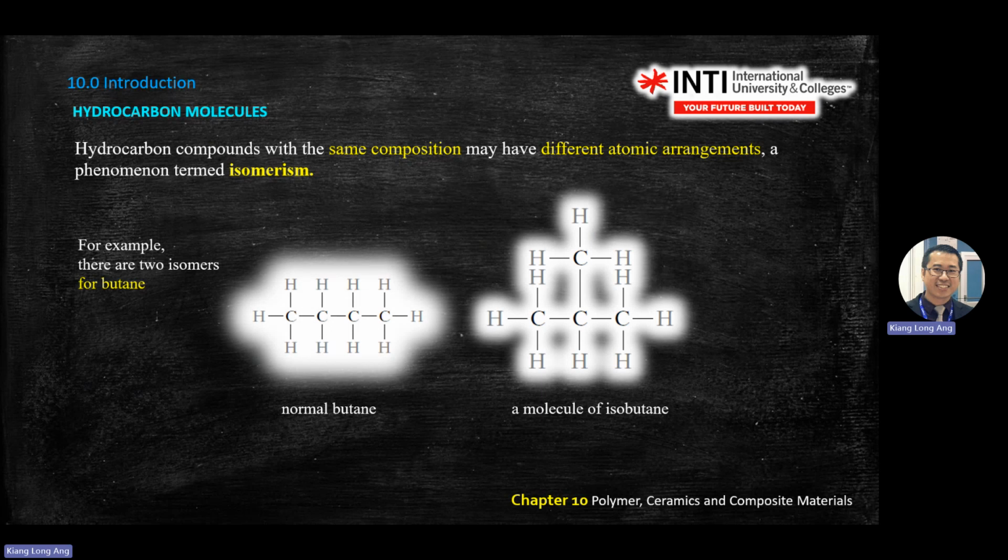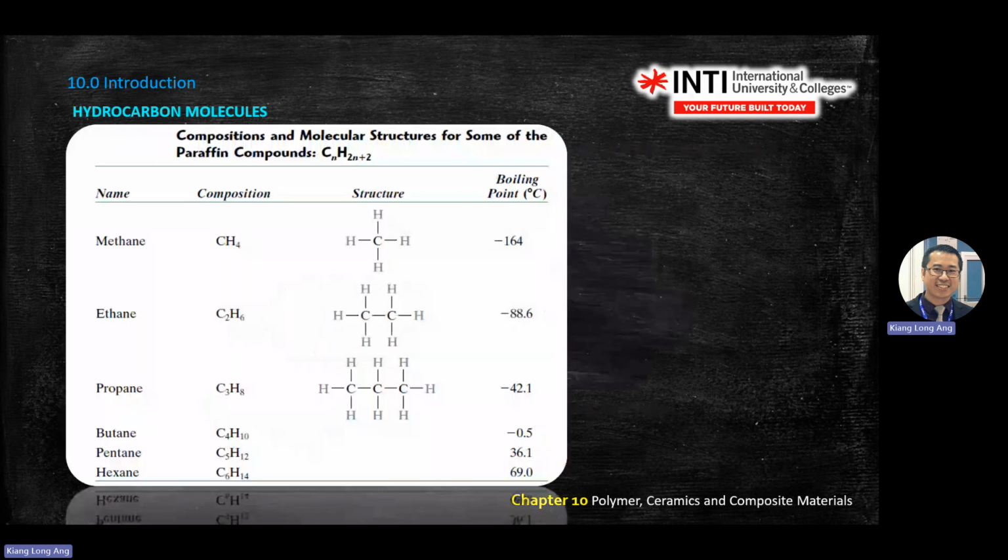So these are the compositions for hydrocarbon: methane, CH4, ethane, C2H6, propane, and so on. Okay, so in your SPM chemistry, you already know the general formula for hydrocarbon, right? CnH2n+2.